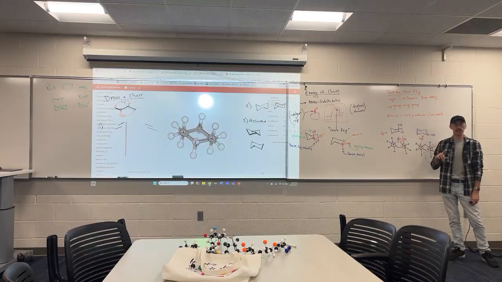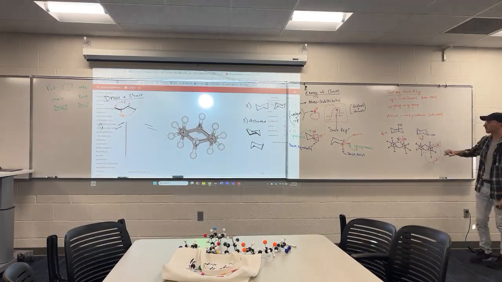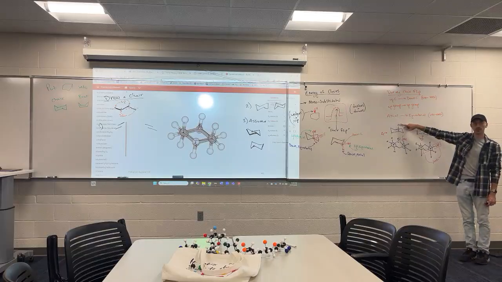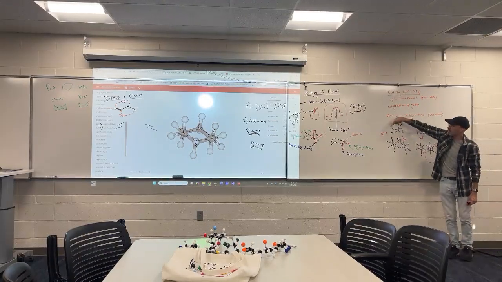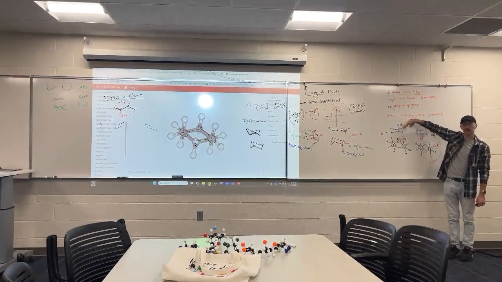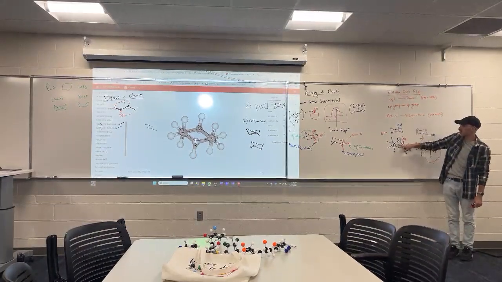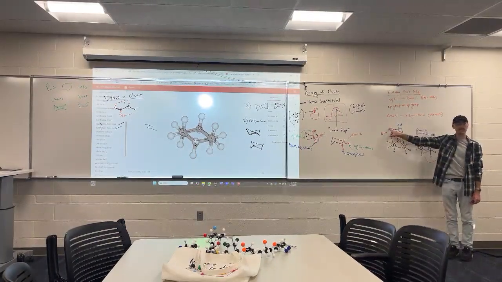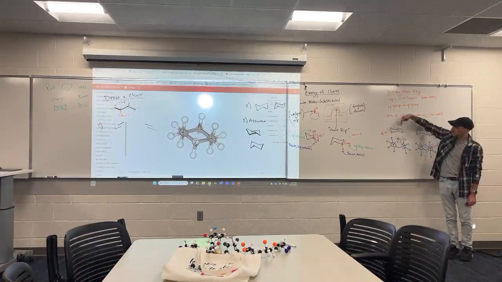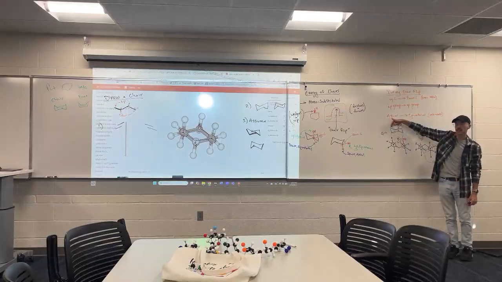So here's what I want you to get from that. Axial groups, regardless of what they are, will always have steric strain with the other carbons in the ring. You guys agree that this CH2 we're looking at is this? It is. This OH has steric interactions with this CH2.